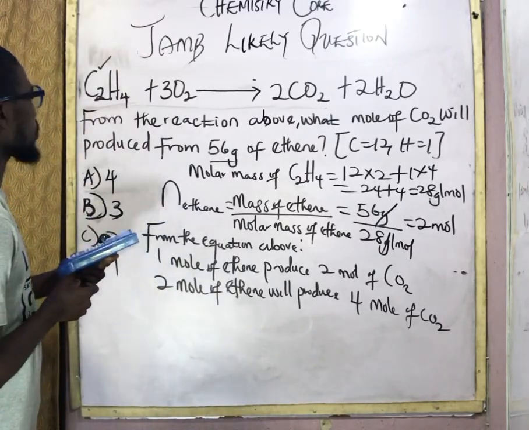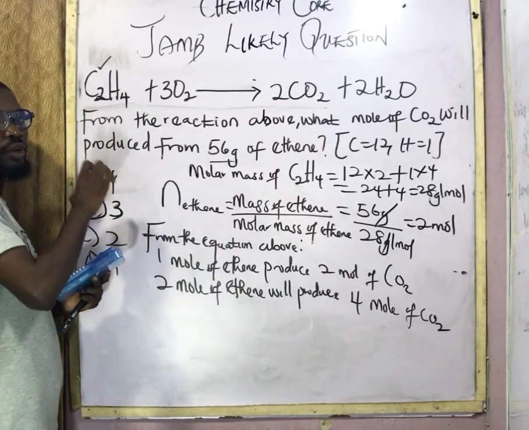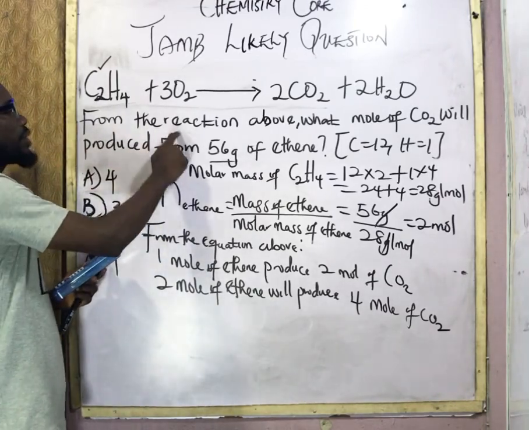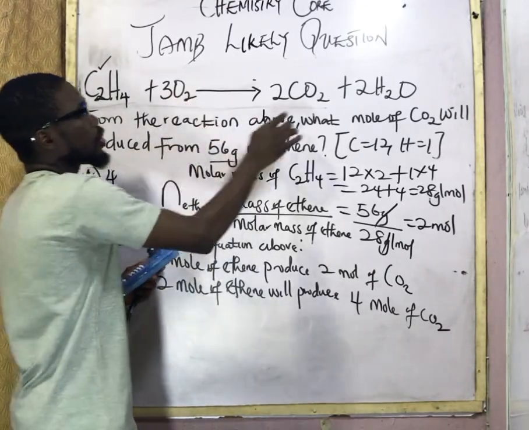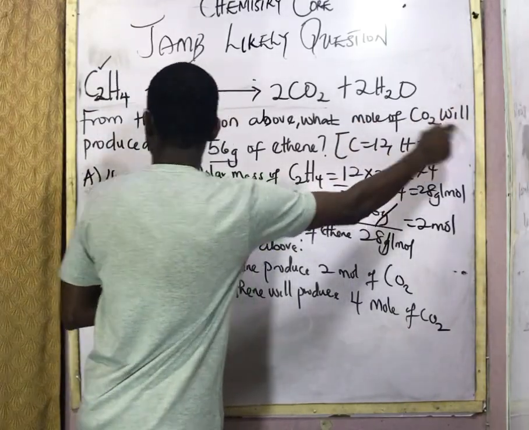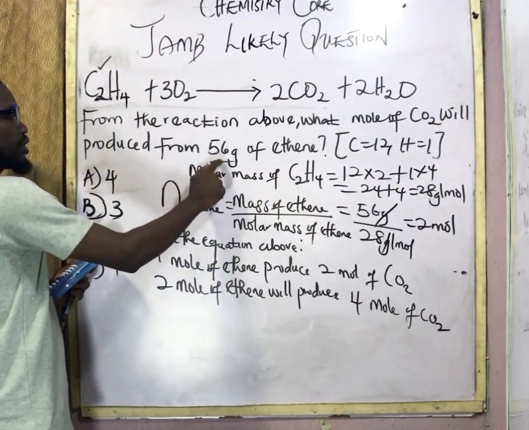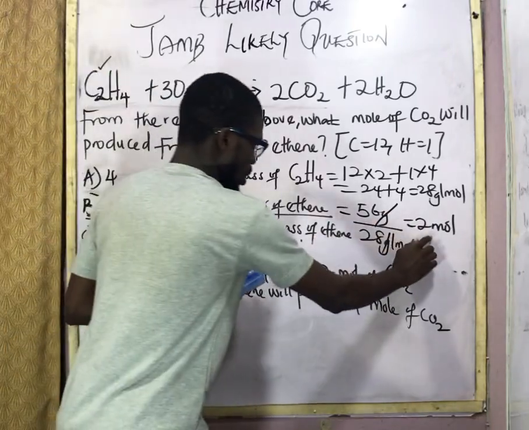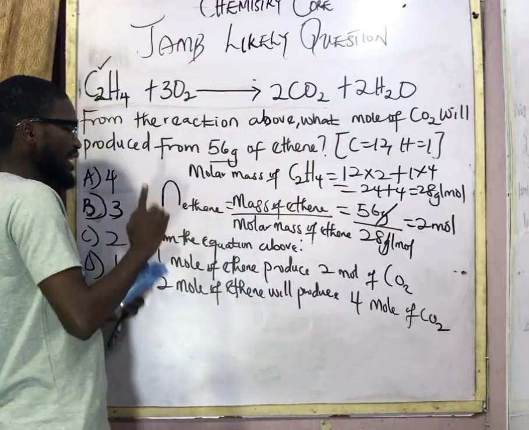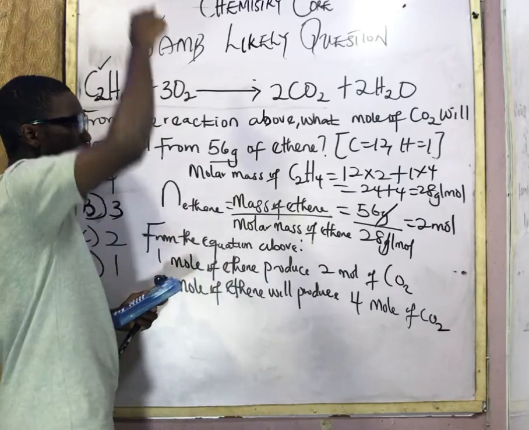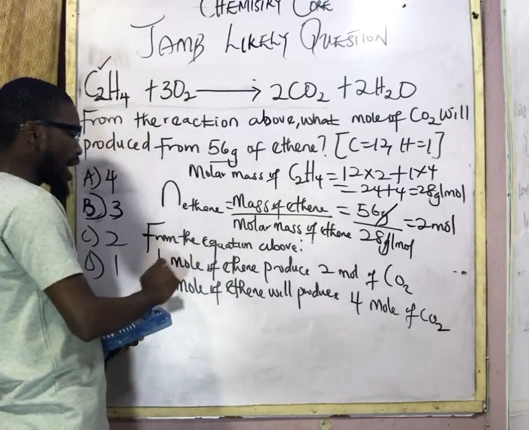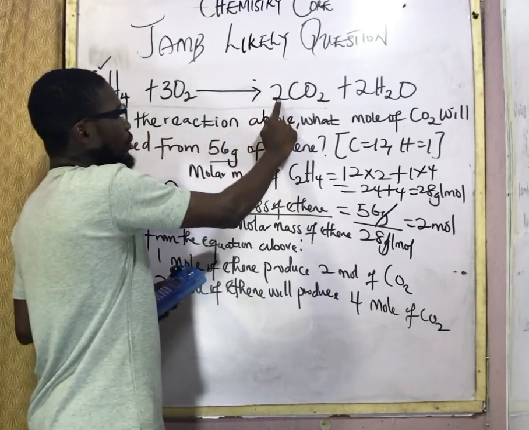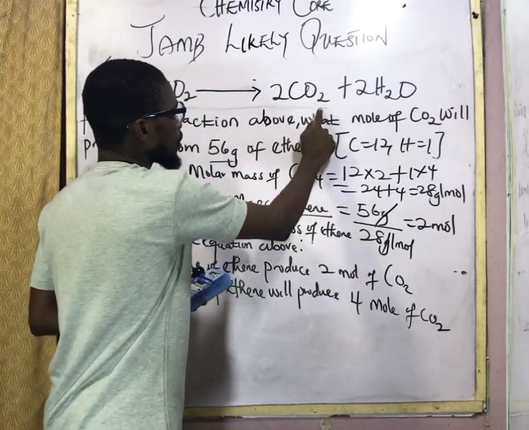Now, let's go back to the question and understand the question very well before we can pick our final answer. From the reaction above, this is the reaction. What mole of CO2 will produce from 56 grams of C2H4? We have 2 mole as the first step. Then I said from the equation above, 1 mole of C2H4, there's one here, 1 mole of C2H4 will produce 2 mole of carbon dioxide.